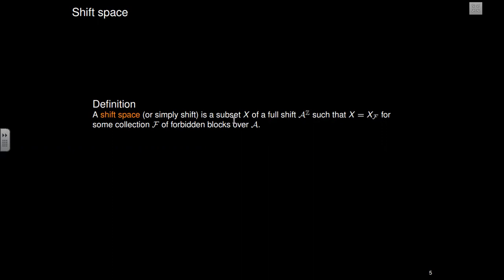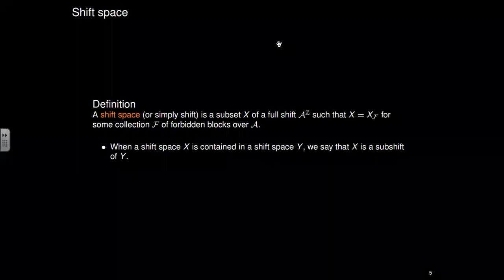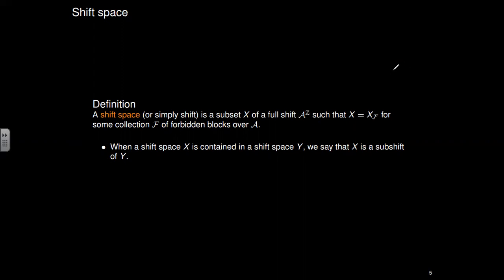We will see some more examples. And one thing: when a shift space X is contained in a shift space Y, we say that X is a subshift of Y. Here you have Y, and here you have, for example, X.